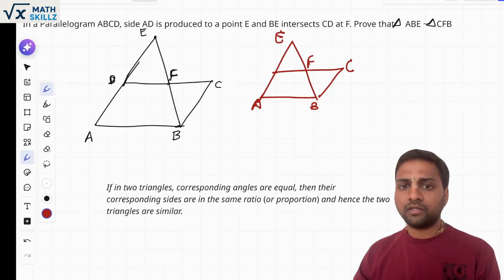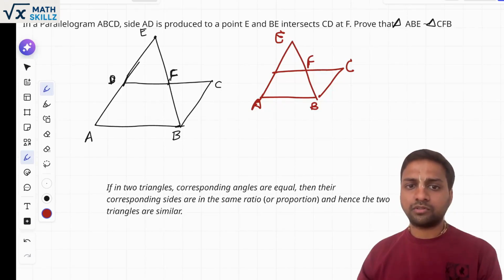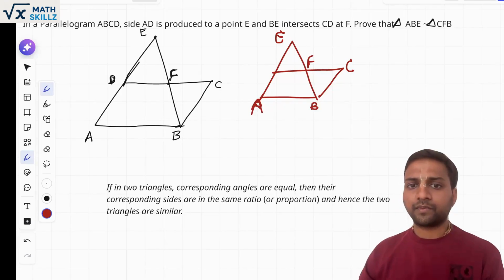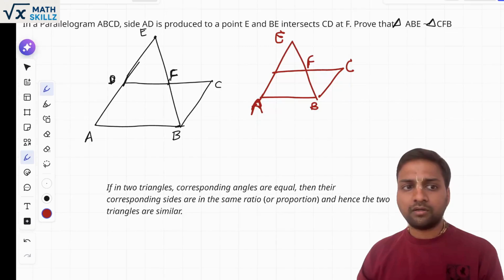For this, let us take the angles, because here the corresponding angles appear to be equal. So let's see here.